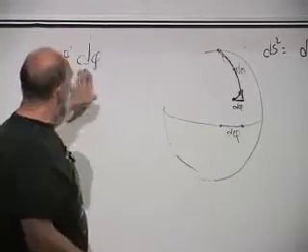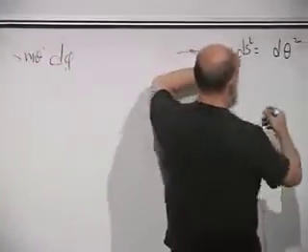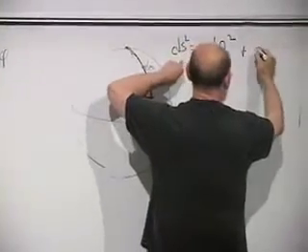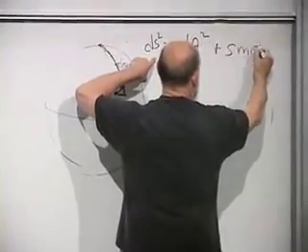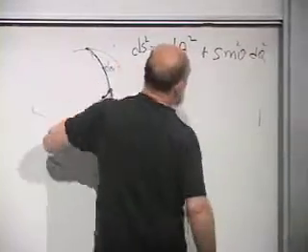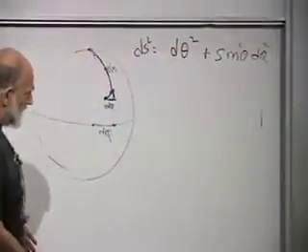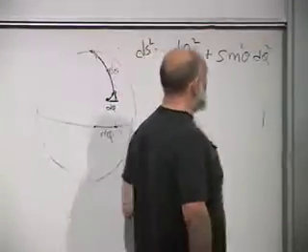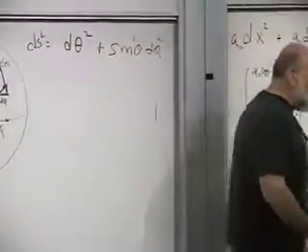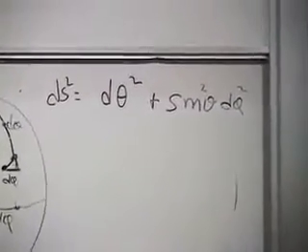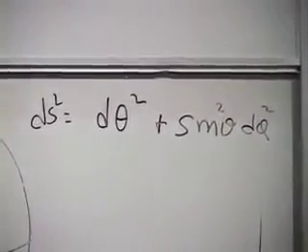Then, using Pythagoras' theorem, the distance between neighboring points is d theta squared plus sine squared theta d phi squared. This is the metric of a two-dimensional sphere, in the usual azimuthal and polar coordinates of longitude and latitude.